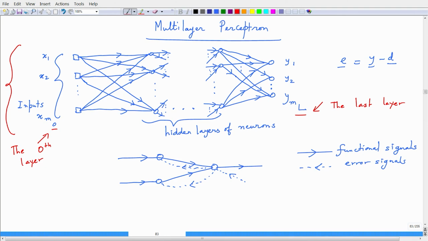Now, from each of these inputs we have connections.